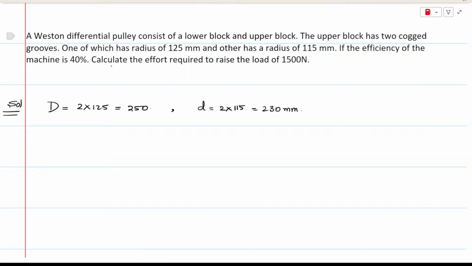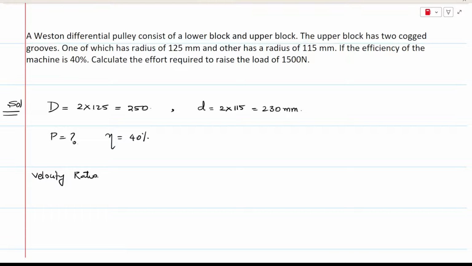Next, the effort has to be calculated. Efficiency of the drive is 40%. So first we begin with computing the velocity ratio.